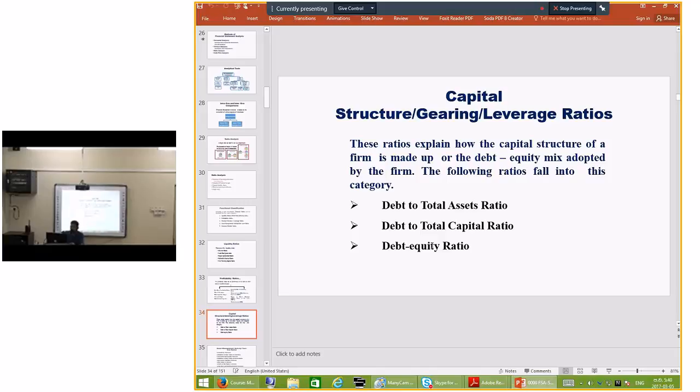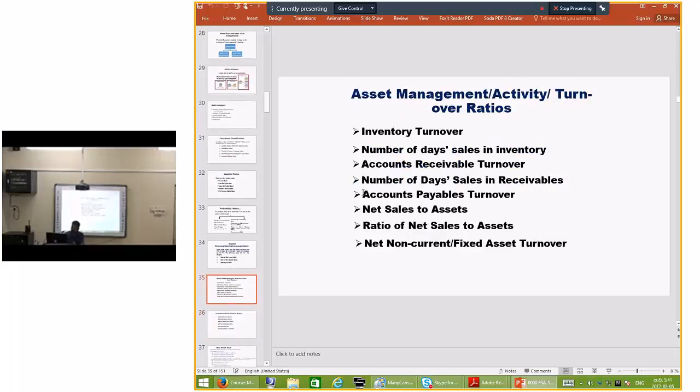If you take one example, debt equity ratio, if this value is 1, that means debt equals equity, right? If it is greater than that, then debt is greater than equity. Then we may have some issues with financial risk. Financial risk conditions may be there. Then asset management or the turnover ratios, the activity ratios, or the efficiency ratios, we also use the term efficiency ratios.